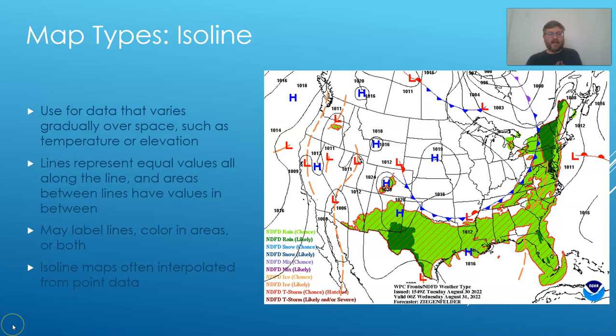And then as the last bullet point there says, we often interpolate isoline maps from point data. So again, we don't have exact measurements of atmospheric pressure everywhere in the United States, but we've got a whole bunch of them, and we can infer what's likely going on in between those weather stations, because we know that atmospheric pressure doesn't change really suddenly over very short distances.